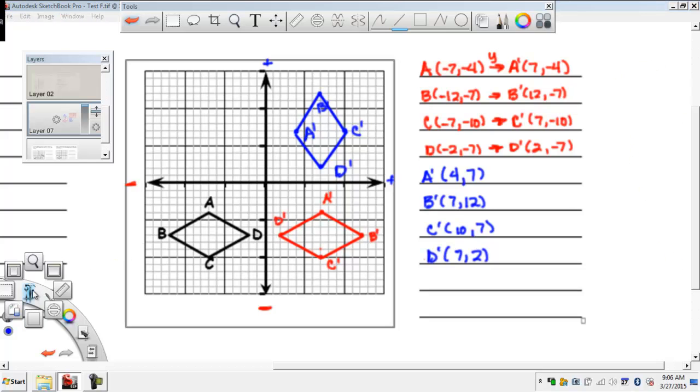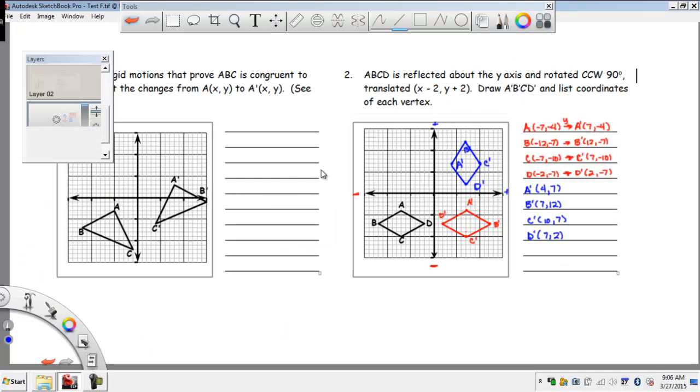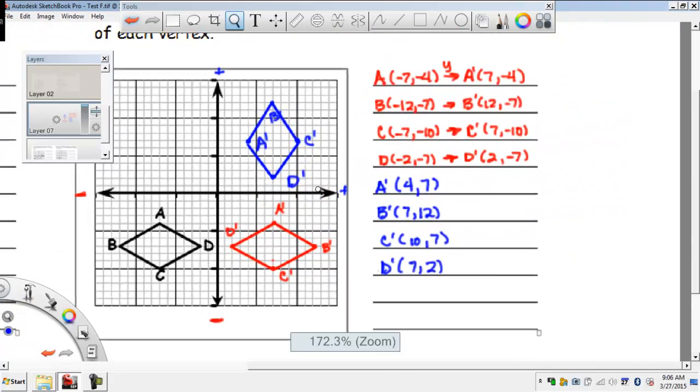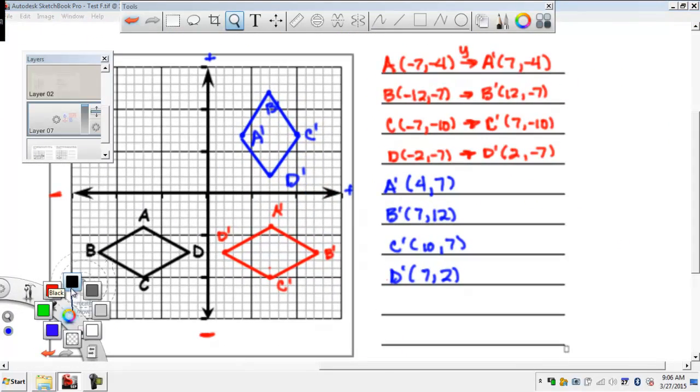Now let us look at this translation. I take the x's, I subtract 2, I take the y's, I add 2. This is my final one. I'll do this in black. My new A prime, subtract 2 will be 2, add 2 will be 9.